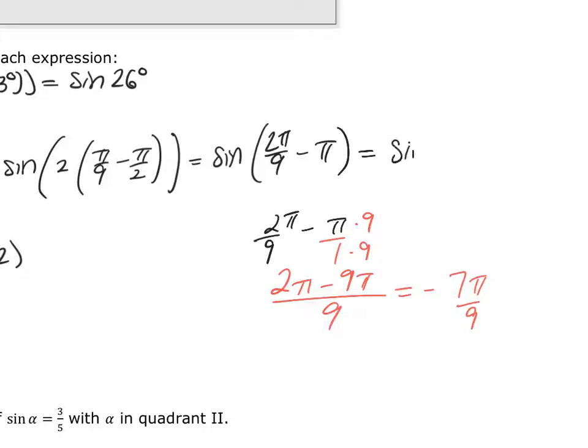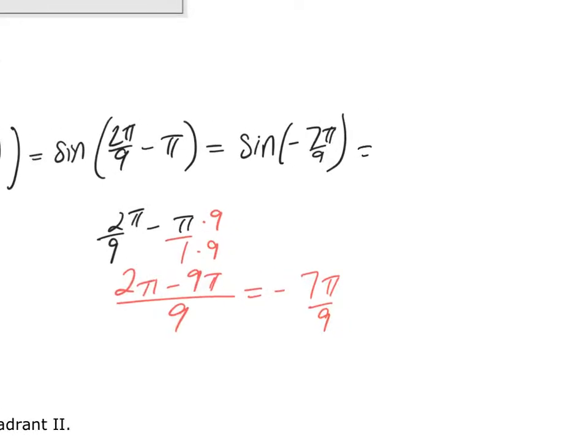So this is going to be the sine of negative 7 pi over 9. Is sine odd or even? Odd. So this is going to be equal to the negative sine of 7 pi over 9. How was that? Just a little bit of algebra, but not heavy algebra.